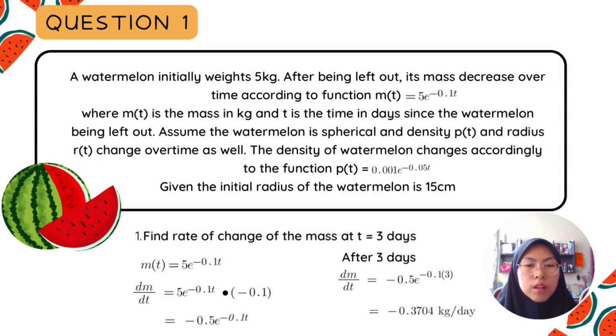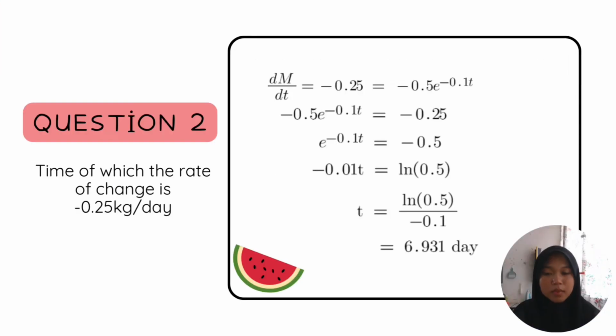So it becomes -0.5e^(-0.1 × 3), and we got the final answer, -0.3704 kilograms per day.